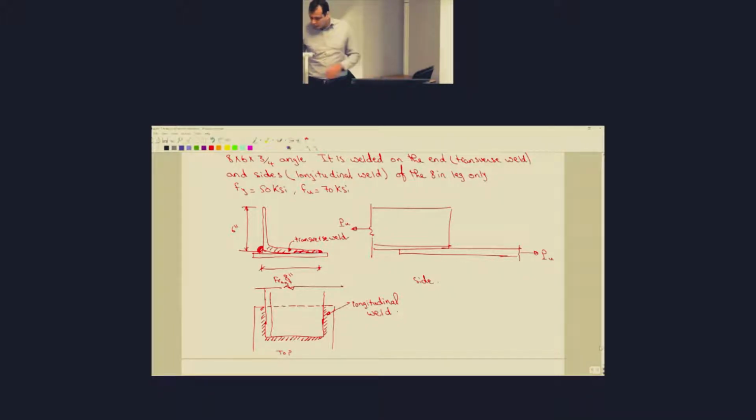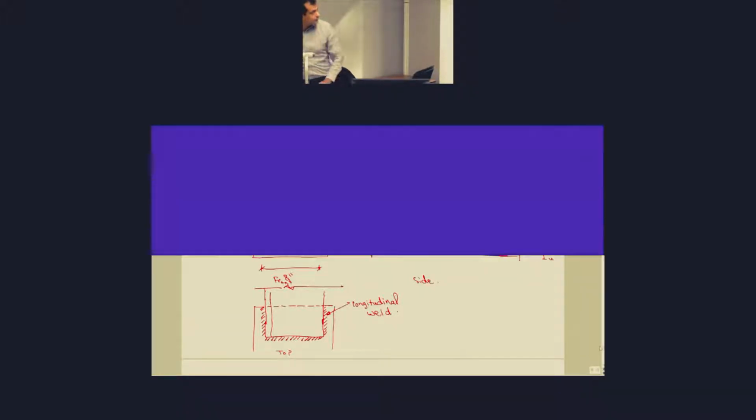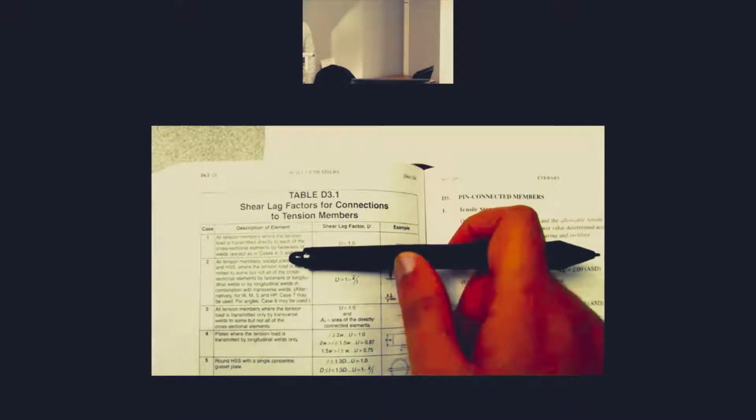That means that when you go to table D3.1, okay? So table D3.1, it's not case 1 because the tensile load is not transferred through all the elements. So it's case 2 here, okay?